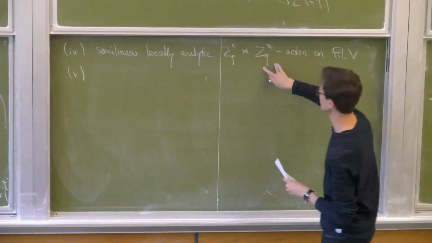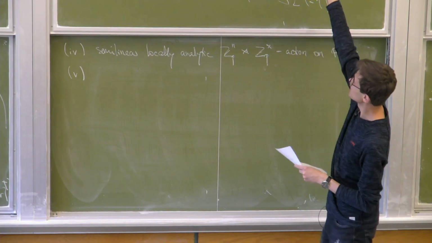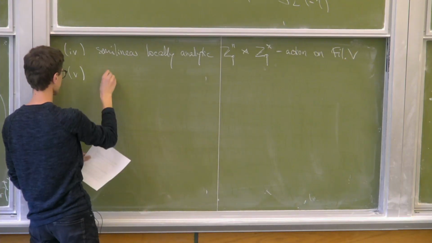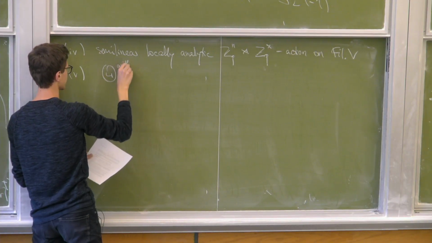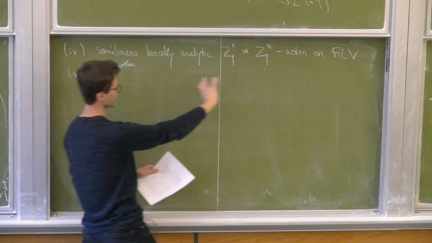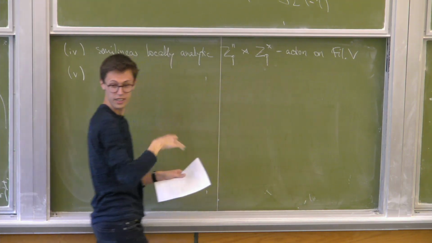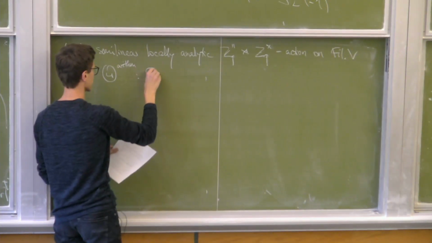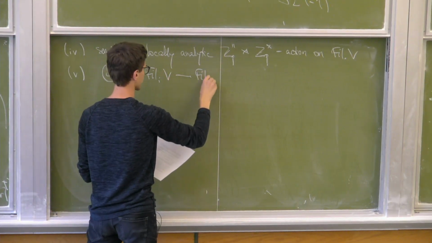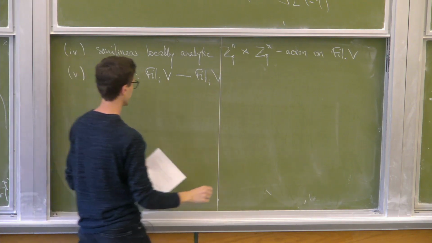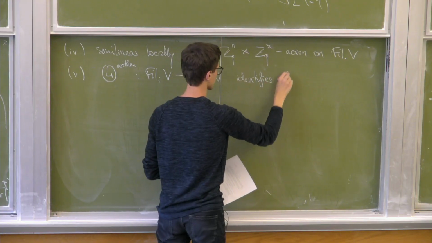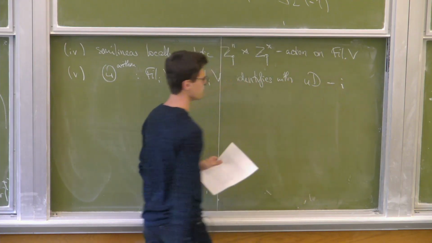And now perhaps the most important part is that this locally analytic action should be compatible with this derivation D and this T connection nabla, in the sense that I get an arithmetic Sen operator if I restrict to the action of Z_p cross and take the derivative. And I get an arithmetic Sen operator which goes from Fil^i to Fil^i. And I want that this identifies with Ud minus i.